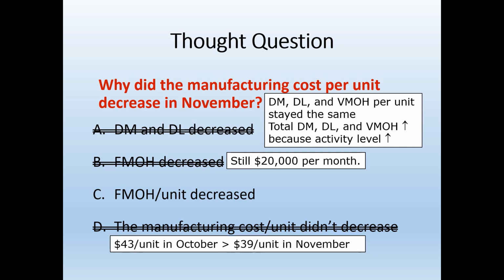That statement has to be false because we know that the manufacturing cost per unit was $43 in October and only $39 in November. That means that answer C, the fixed manufacturing overhead per unit decreased, has to be the right answer. Let's take a look at why that's a correct statement.